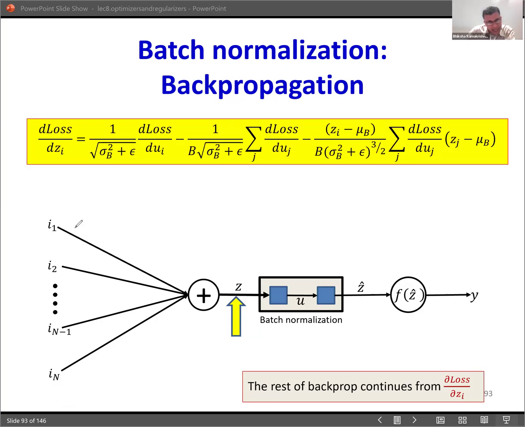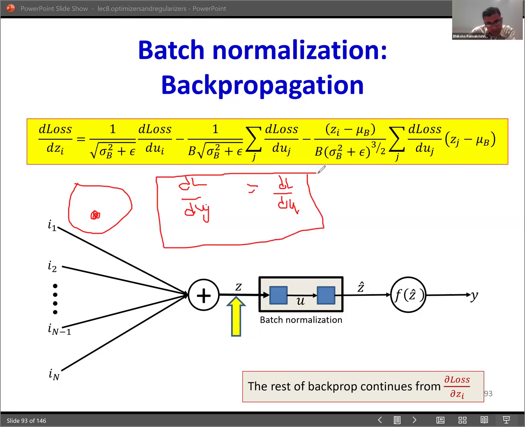Let's say my mini batch consisted of a lot of instances which are identical. Then if all of the instances were identical, d loss over duj is simply going to be d loss over du, because all of the instances are identical, right? You agree with this? Yes or no? Okay. What happens in that case to the second term?